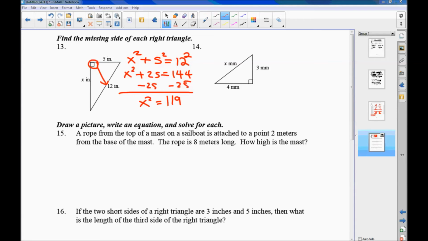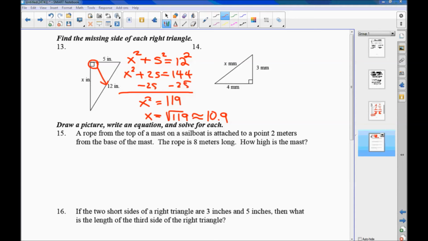And then we're going to square root both sides. When we square root this, it doesn't work out evenly, so we can leave our answer as the square root of 119. You'll see that on Khan Academy tonight. Or you may go ahead and round it. I suggest rounding to the nearest tenth at least. So the square root of 119 is about 10.9.